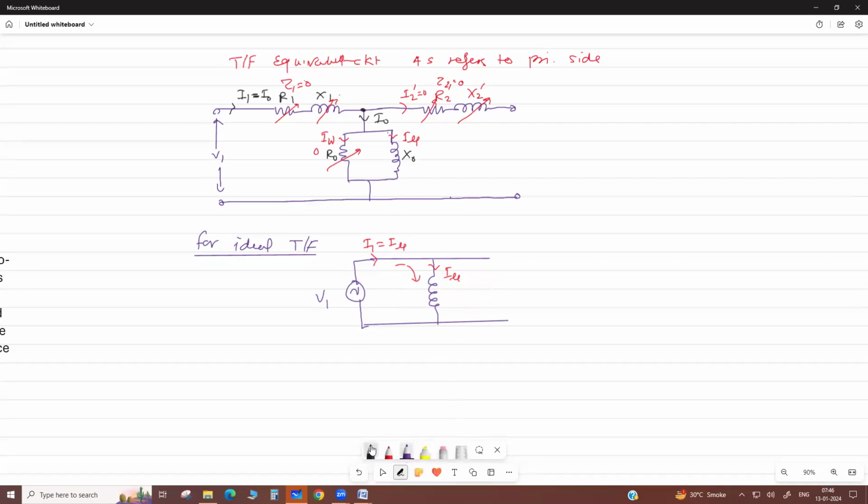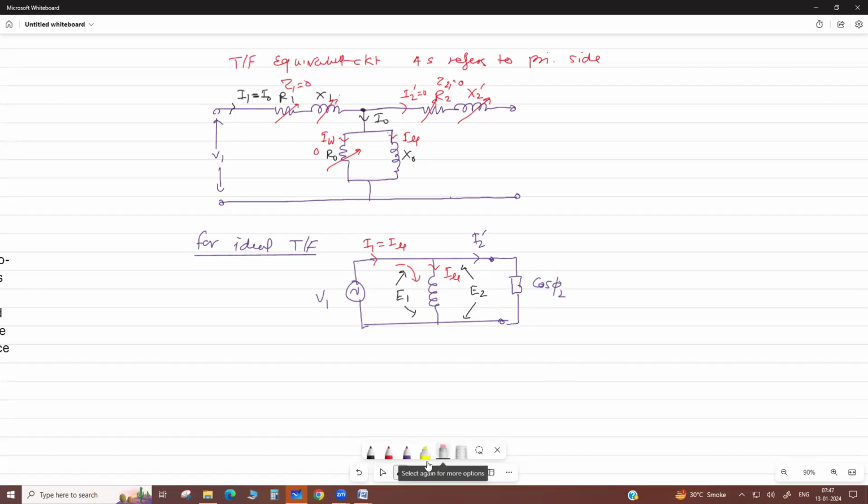Then it induces the EMF in primary, so there is an induced EMF in primary and secondary. This is open circuit. Now if you connect the load here, then there is a load current I2 dash as referred to the primary side. There is a power factor cos phi 2, the load power factor.